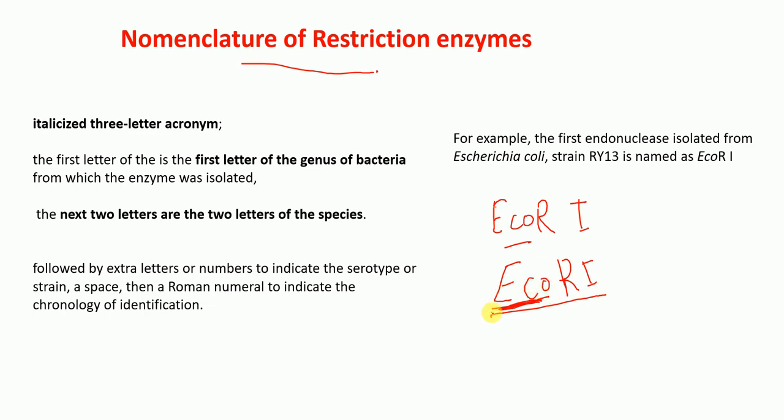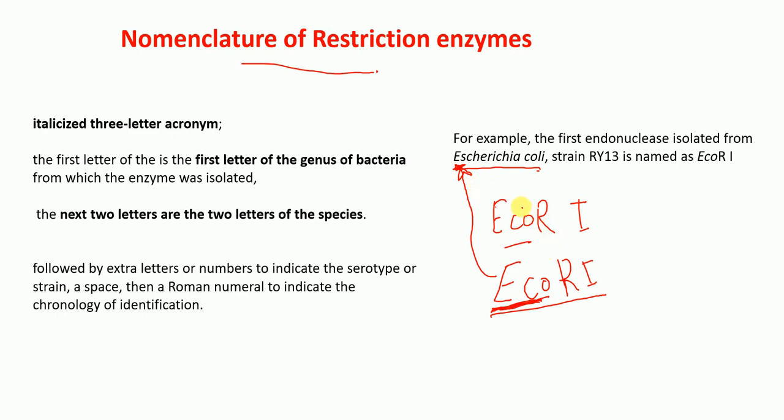The first letter E of this restriction enzyme EcoR1 is the first letter of the genus of the bacteria, that means Escherichia coli, because EcoR1 comes from Escherichia coli.